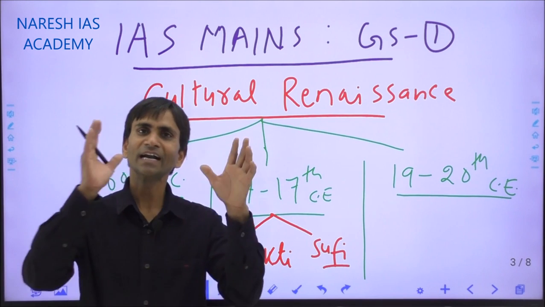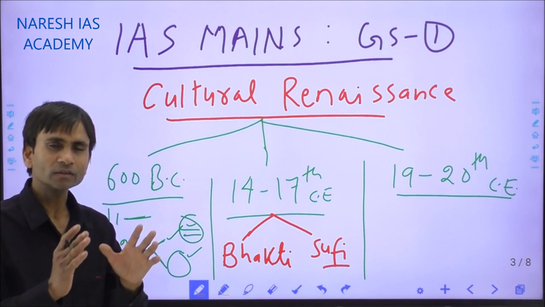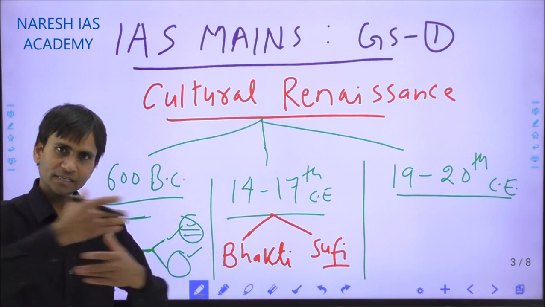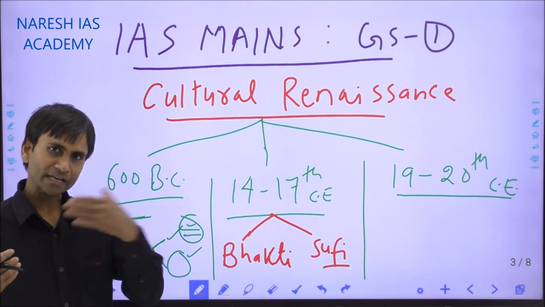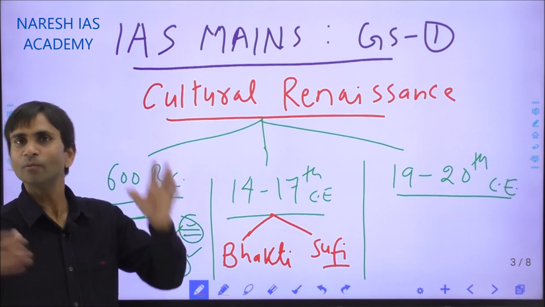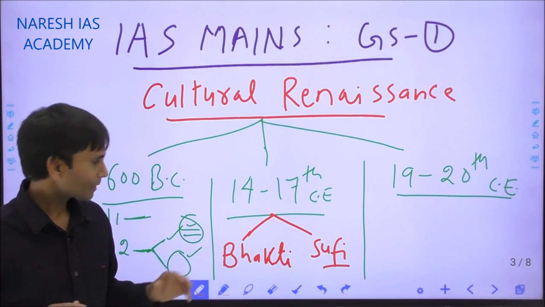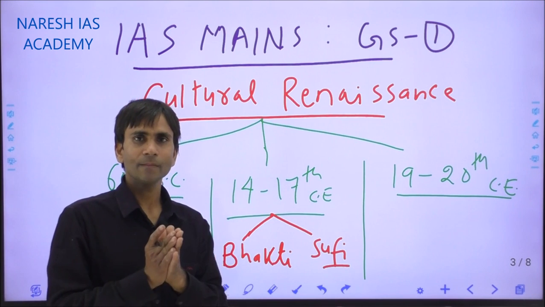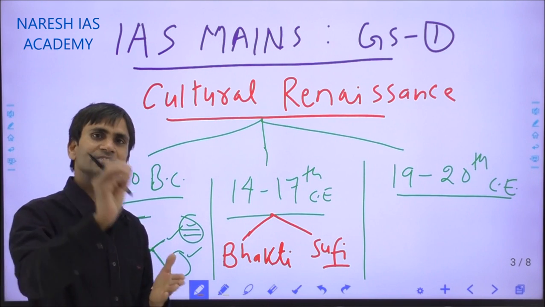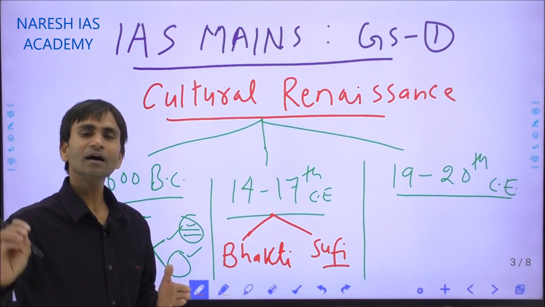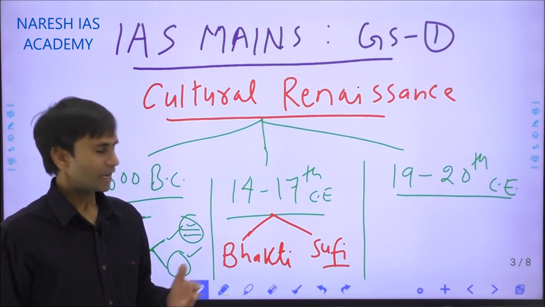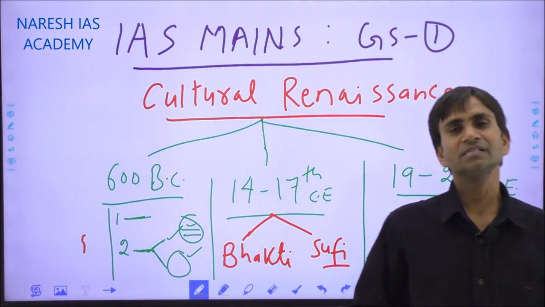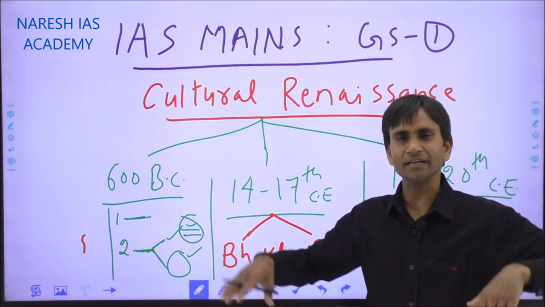So we can understand the nature of the Bhakti or Sufi movement through the Bhakti literature. So this is synonymous, the nature of Bhakti literature and the Bhakti movement, right? The nature can be defined in two ways: nature in the religious sector or nature in the social sphere.